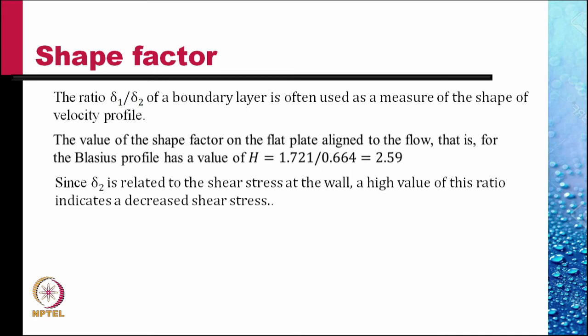Since delta 2 is related to the shear stress on the wall, a high value of H, that is the ratio delta 1 over delta 2, indicates a decreased value of shear stress.